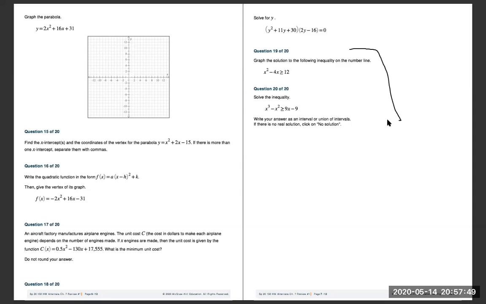Numbers 19 and 20 are polynomial inequalities. Okay, and they're going to be polynomials that are greater than linear ones. You might remember, for example, we had things like x greater than or equal to 5, and we would graph that on a number line.